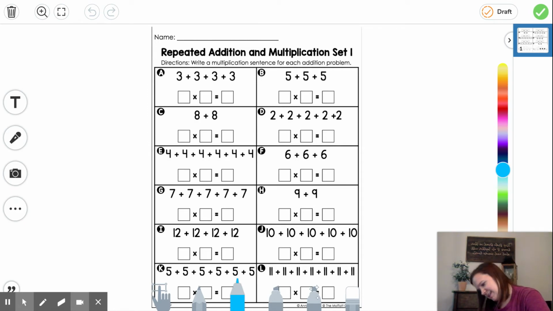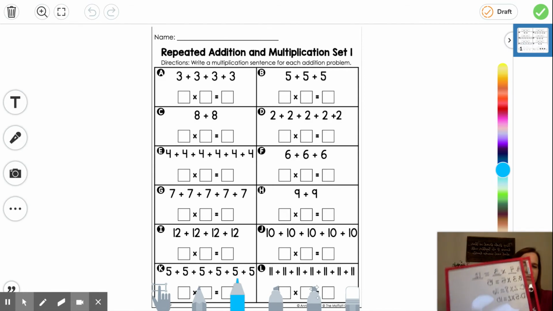All right, let's look at D. D says I have 1, 2, 3, 4, 5 groups of 2. And I know how to skip count by 2, so I'm going to hold 5 groups up, and I'm going to say 2, 4, 6, 8, 10. 5 times 2 equals 10.